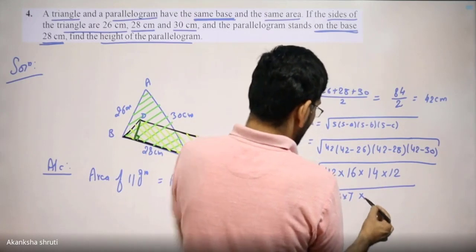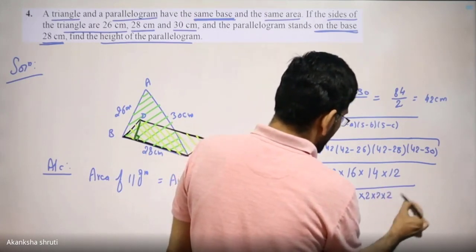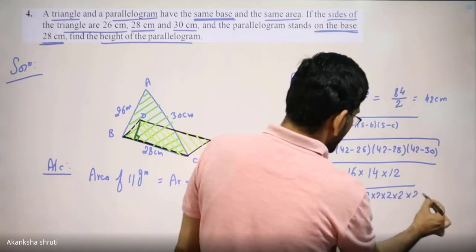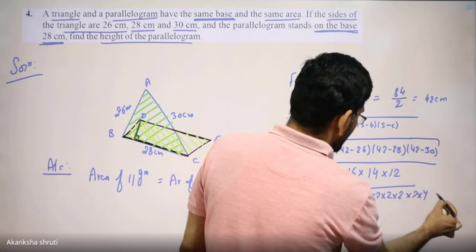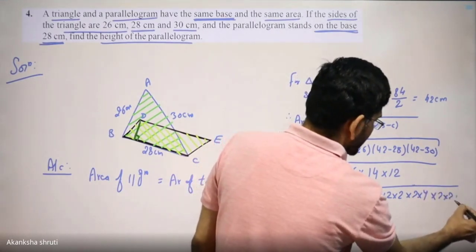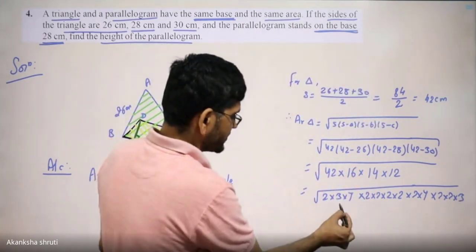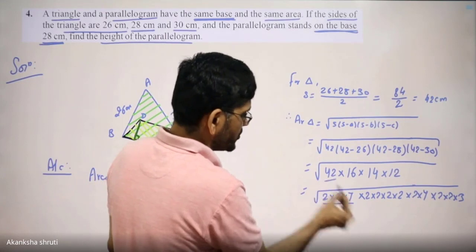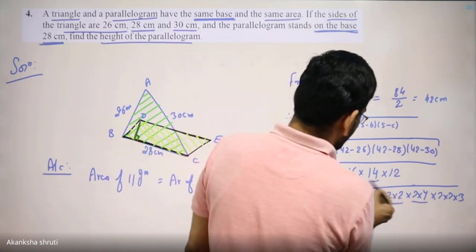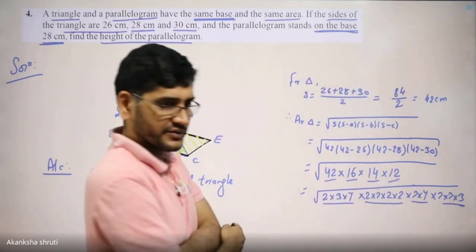Then 16 is 2 into 2 into 2 into 2, 14 is 2 into 7, and 12 is 2 into 2 into 3. Students, keep in mind this is for this 42, this is for this 16, this is for this 14, and this is for this 12.